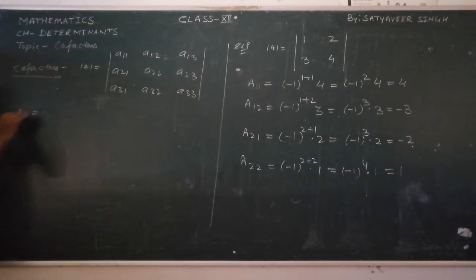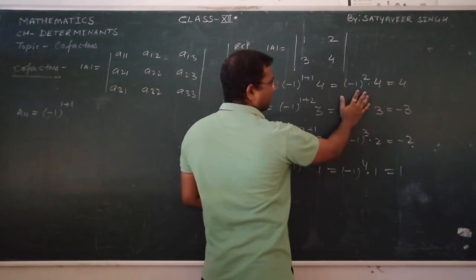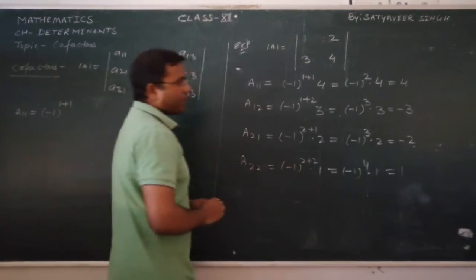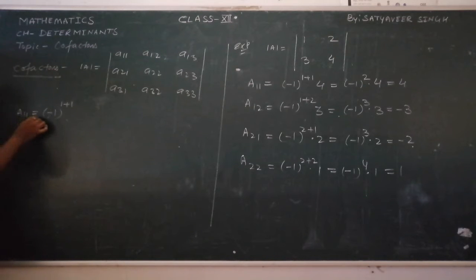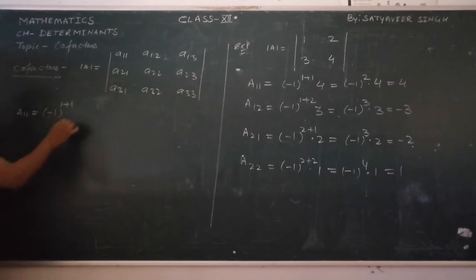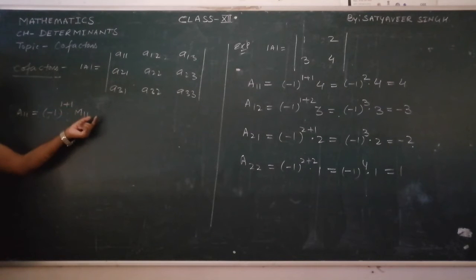So for a11 you will find it is minus 1 raised to 1 plus 1, and the remaining procedure, students, is the same as we have done in the minor. So we can say A11 is equal to minus 1 raised to 1 plus 1 into M11, where the minor is represented by M11. So if you multiply the minor by this value, it becomes the cofactor.